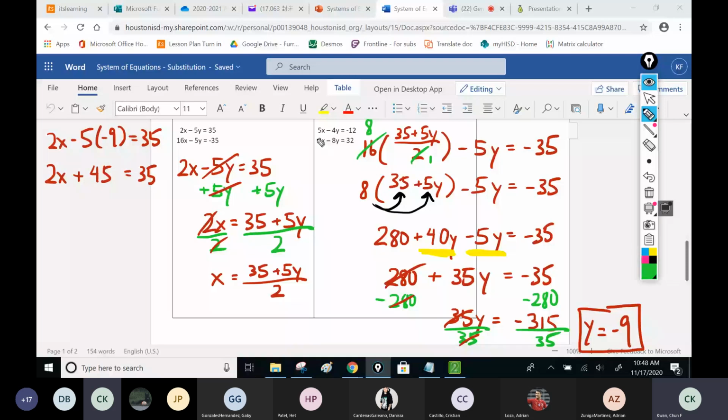Then minus 45 on both sides. So 2x equals negative 10. And then divided by 2 on both sides.